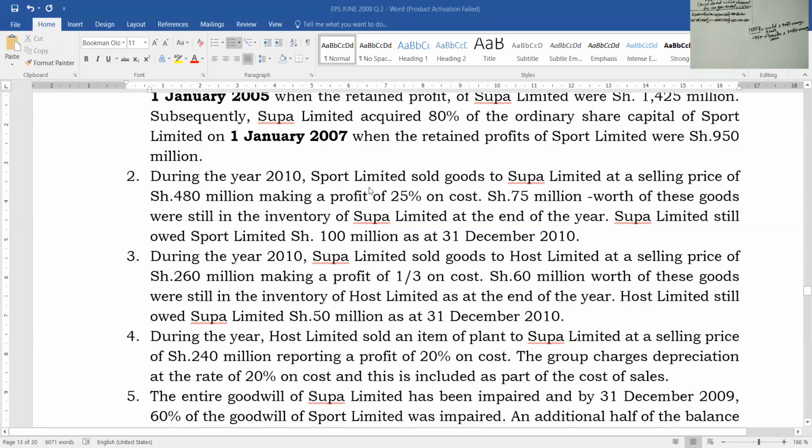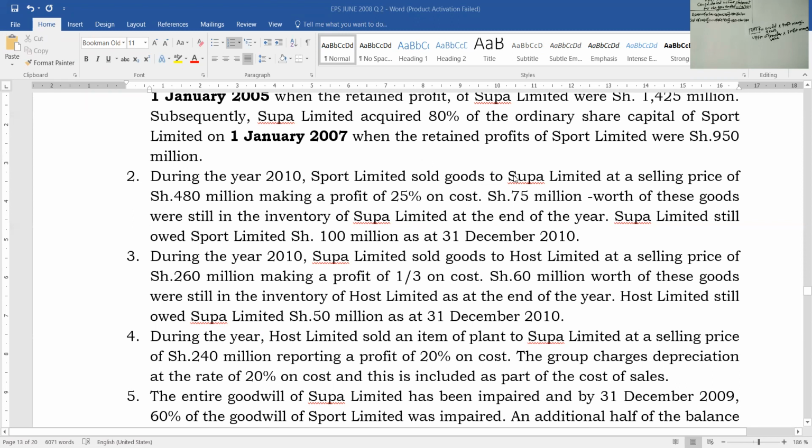During the year 2010, Spot Limited sold goods to Super at a selling price of 480, making a profit of 25% on cost. So 75 million worth of these goods were still in the inventory of Super at the end of the year. For now, we are looking for the unrealized profit on stock.